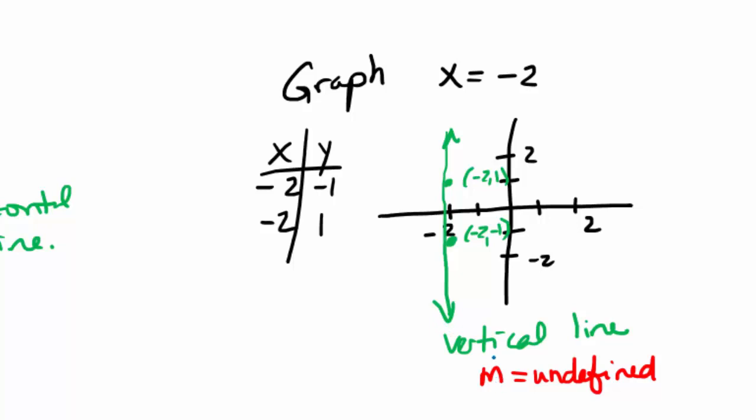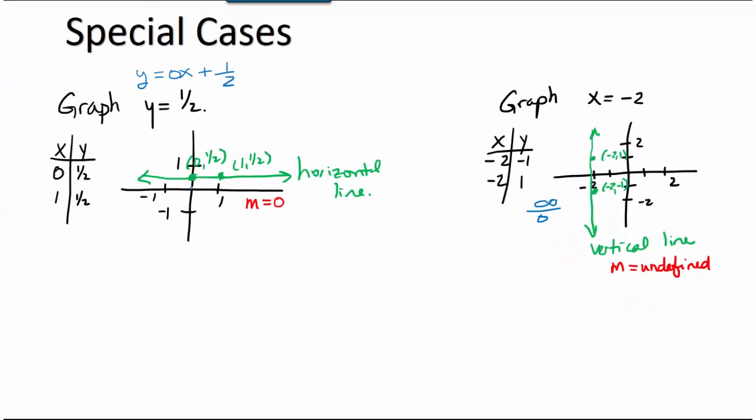The slope is actually undefined because it rises infinitely without any steps forward. It's kind of like infinity over 0, which is just not defined. There's no way to divide infinity by 0. In fact, you can't divide anything by 0. In any case, whenever you see that one of the variables is missing, you know you either have a horizontal line or a vertical line. So just plot a couple of points and you'll know which one you have.